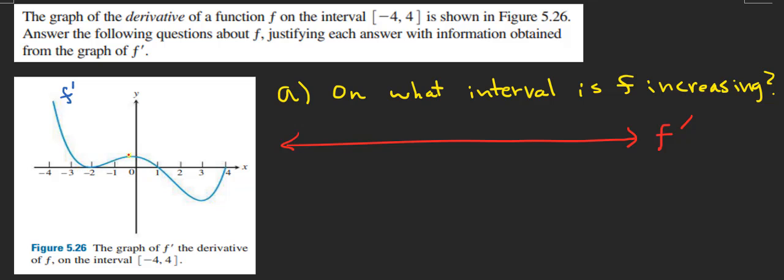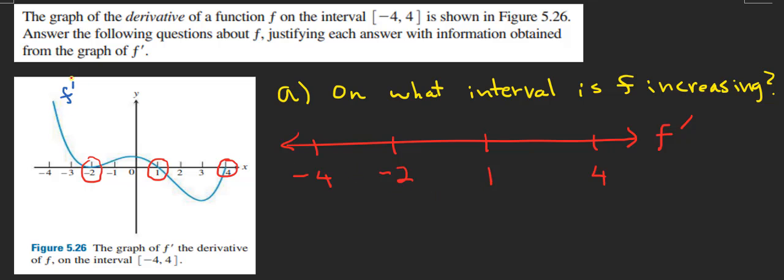What are the critical numbers? A critical number is when f prime is equal to 0. It's right here, -2, 1, and also at 4. We're looking at -4 to 4. So between -4 and 4, we have two critical numbers, which are at -2 and 1.